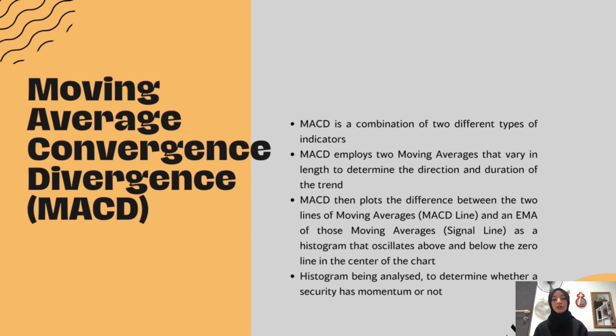MACD then plots the difference between the two lines of moving averages, MACD line, and an EMA of those moving average signal lines as a histogram that oscillates above and below the zero line in center of the chart. By analyzing the histogram, it is possible to determine whether a security has momentum or not.